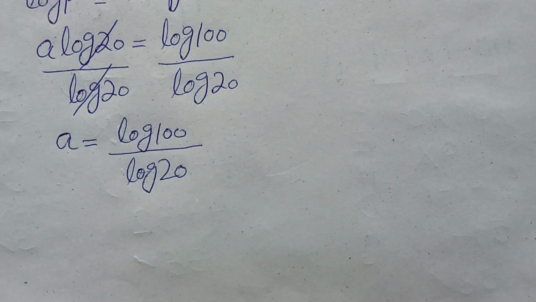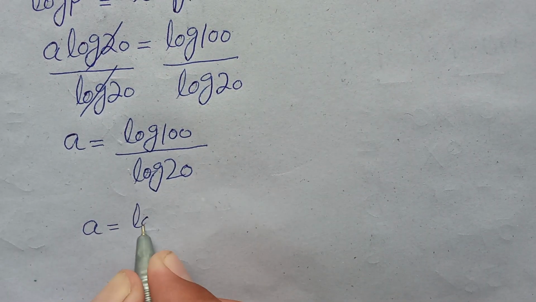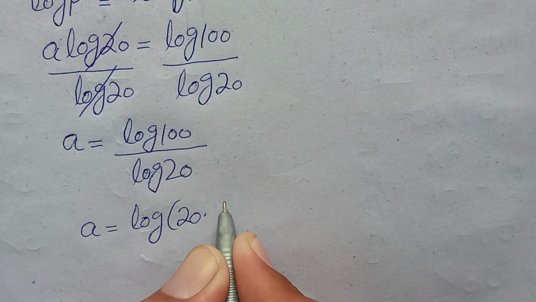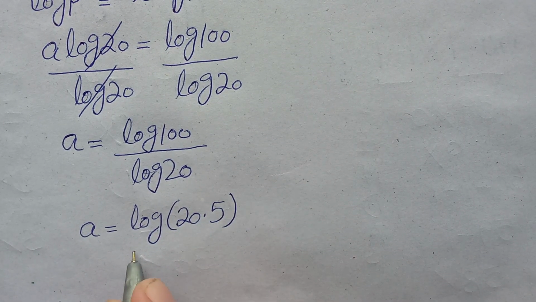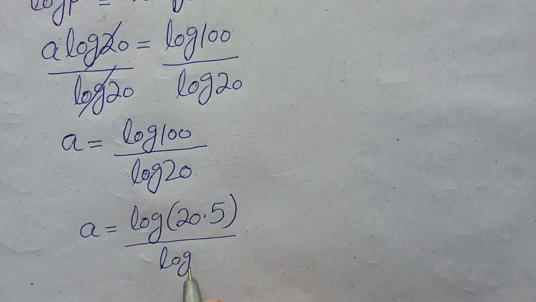We can also write it as a is equal to log of 20 times 5 divided by log 20.